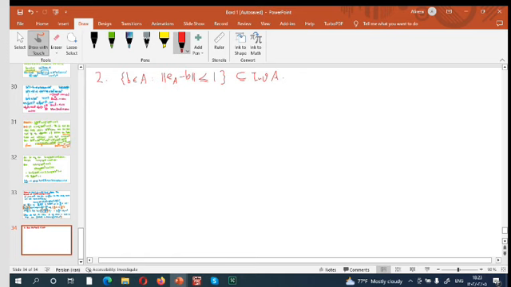If B belongs to A and has this property, then B is invertible.